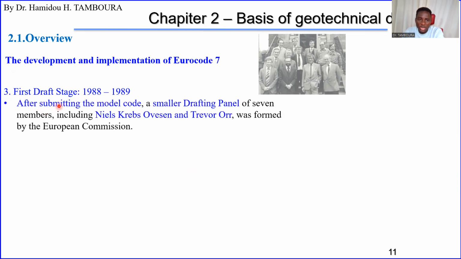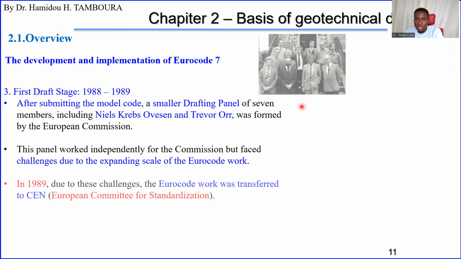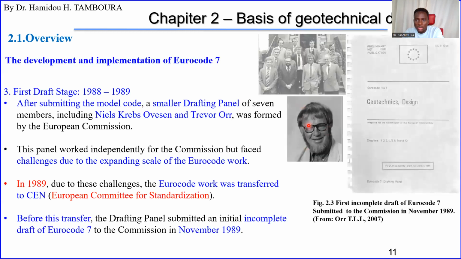Now after submitting the model code, a small drafting panel of 7 members, including the same professor, I think he is here, was formed by the European Commission.